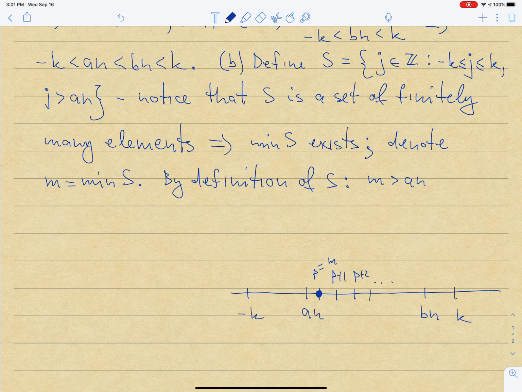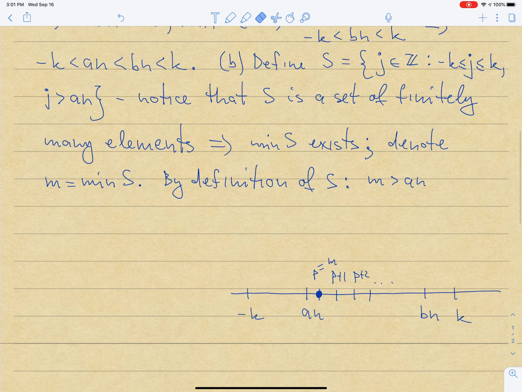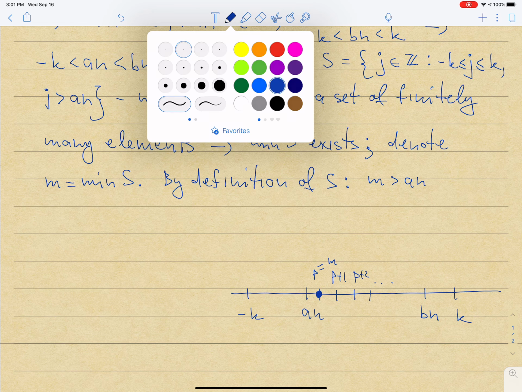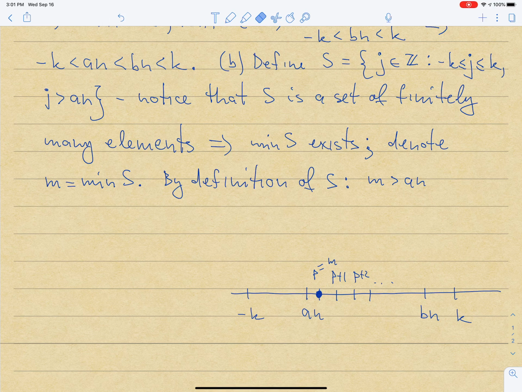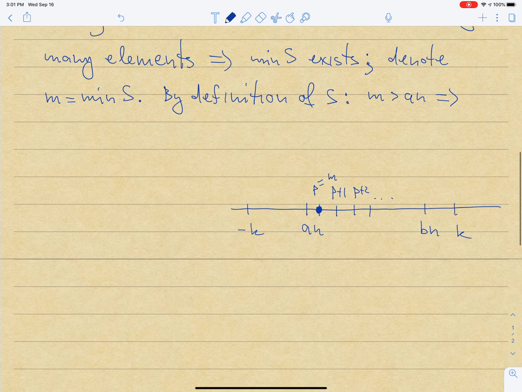Okay, so one half of the inequality we have, and so the only thing that we need to do is to show that M is less than bn.